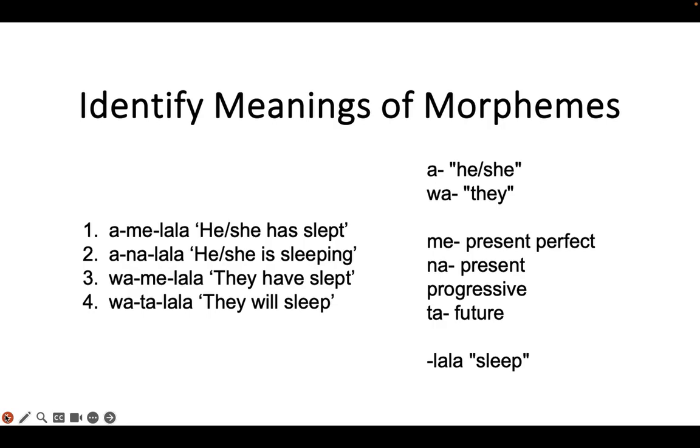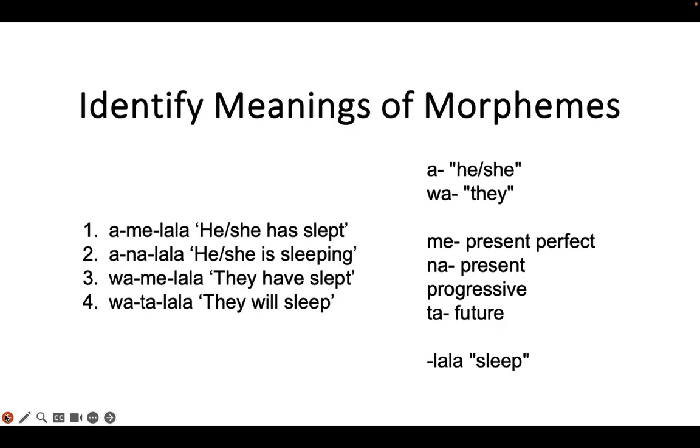So we have a, which means he or she, and we have wa, which means they. And then after the subject prefix closest to the verb root, we have another prefix, which is the verb tense. So we can find that the prefix me is for present perfect, and then na is for present progressive, and ta is future.